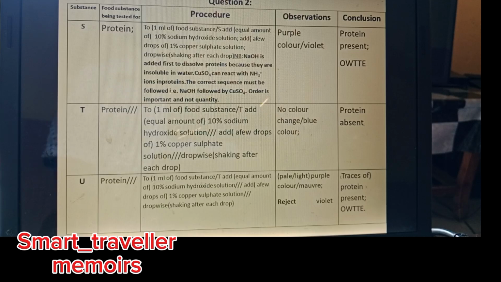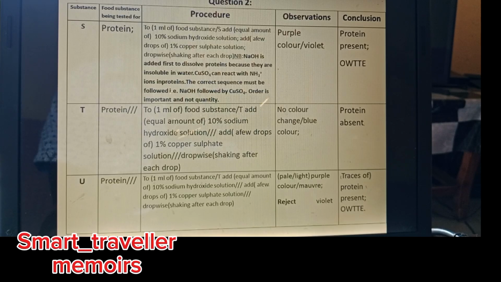So you cannot award another mark there. And that is why we are putting the symbol there, which means equivalent. Those 3 strokes there mean equivalent. So you repeat the procedure like above. And you do the same for U. So their procedures are also not earning any marks because it's a repetition of the one up there.